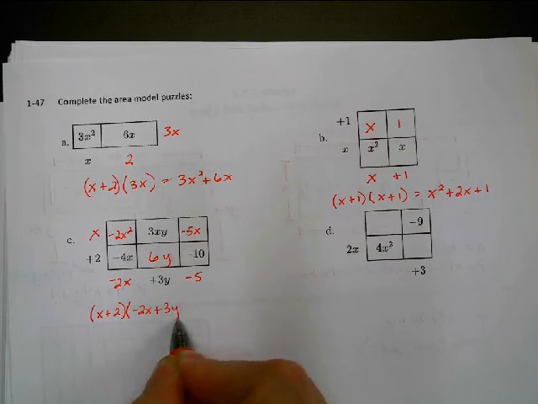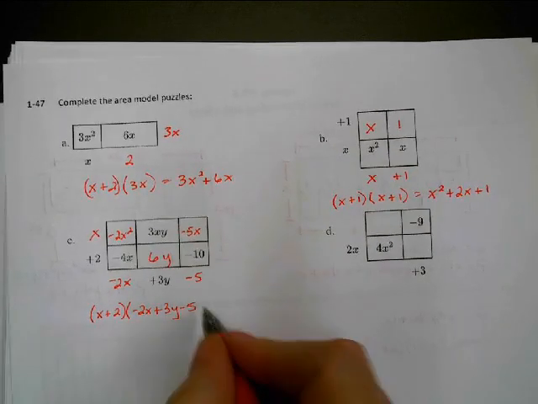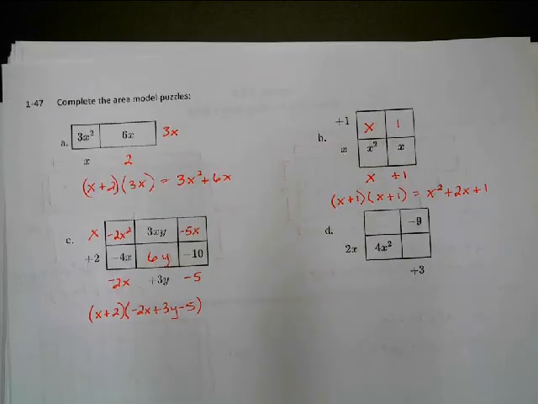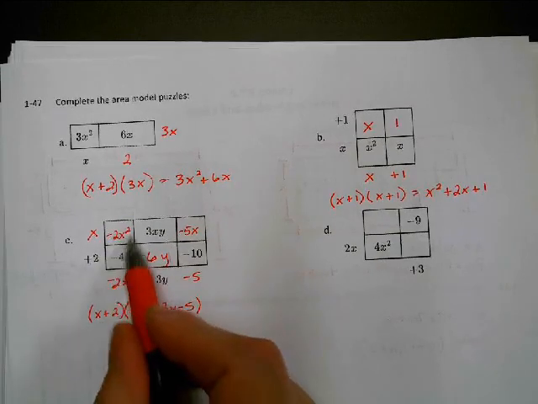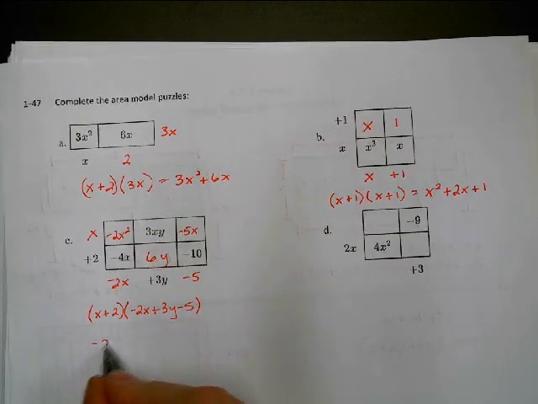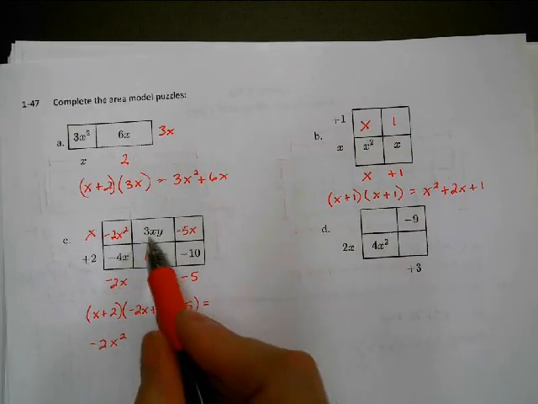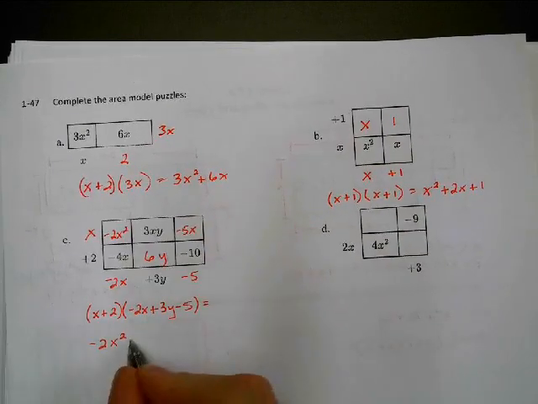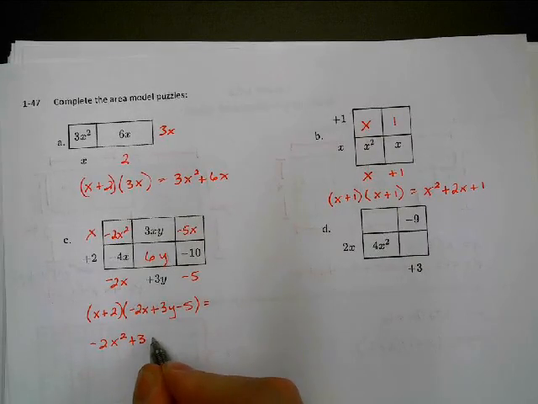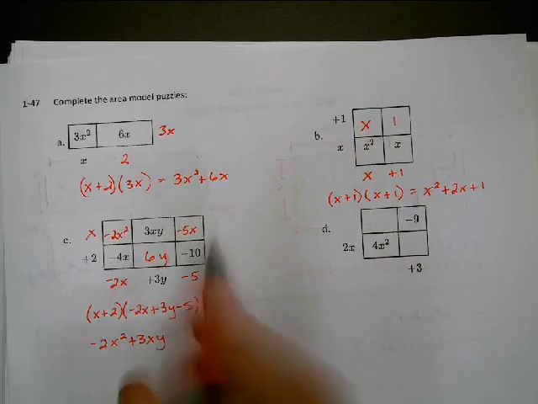Or I can write it as a sum where I just combine all the like terms. So here's my x squared term. It looks like I only have one of the xy terms, so I'm going to put plus 3xy. I've got two different x to the first terms, so I can combine those two like terms.